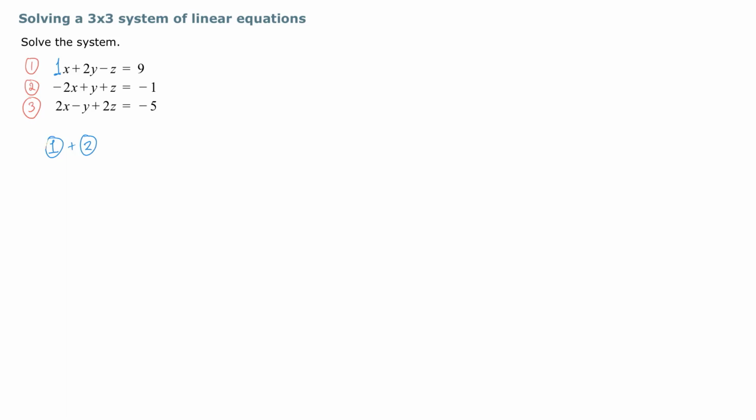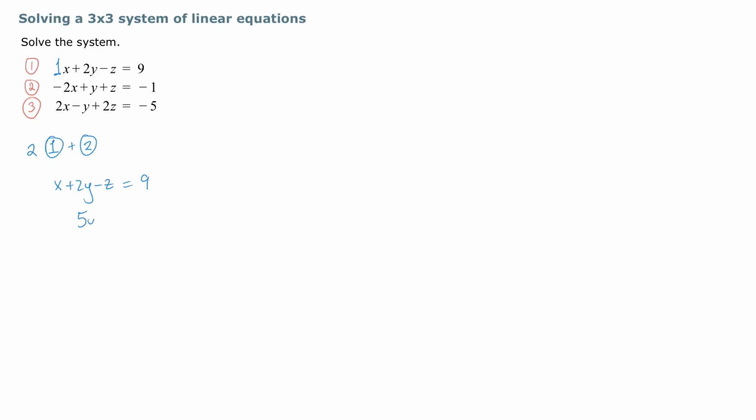So I'm going to do 2 times equation 1 and add it to equation 2. And then we're going to get a new system like this. We're going to write x plus 2y minus z is equal to 9. So I still have equation 1, but equation 2 is now changing. Equation 2 is going to change to 2 times equation 1 added to equation 2.